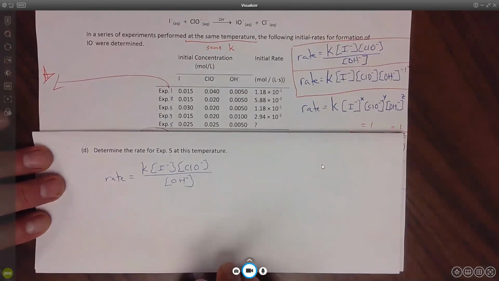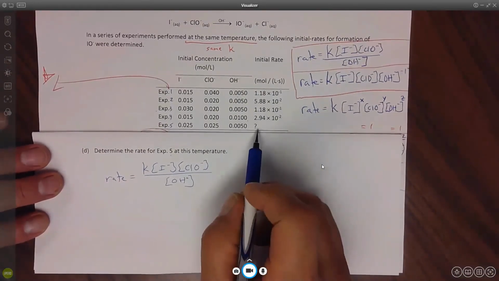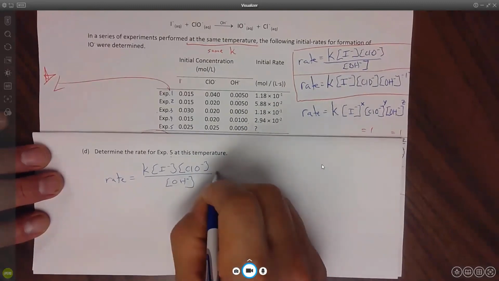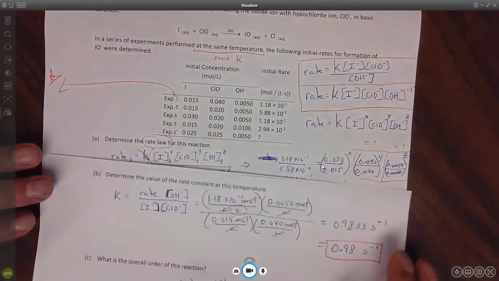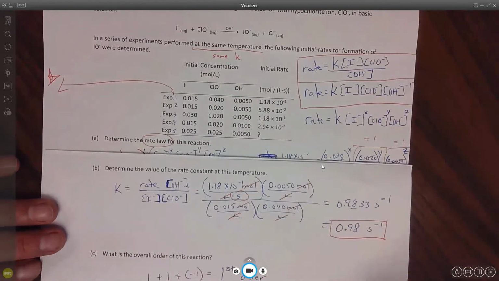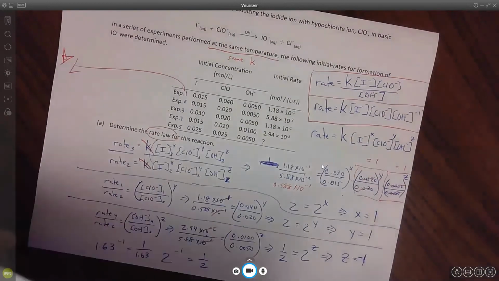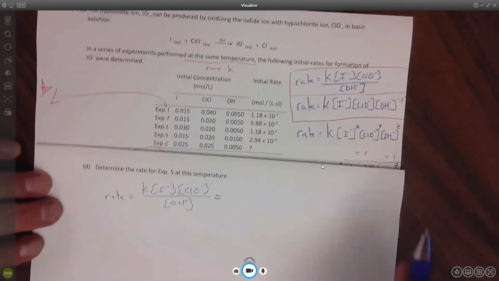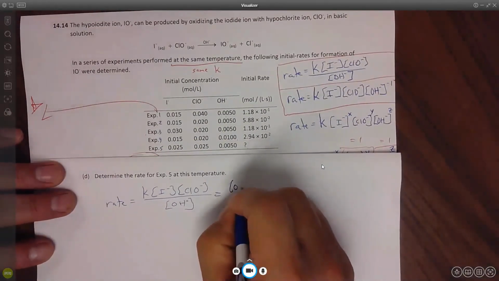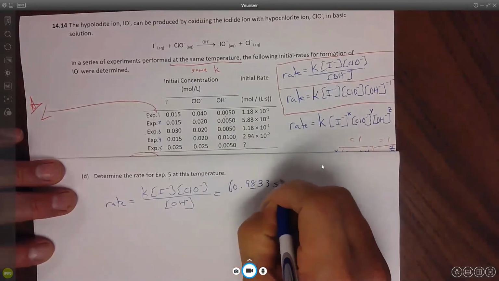Okay, now, I am looking for the rate. So what is the value of K? 0.9833. Yep. And I'm going to actually use the unrounded value since I have it, right? So I'm going to say that K is simply 0.9833 per second.